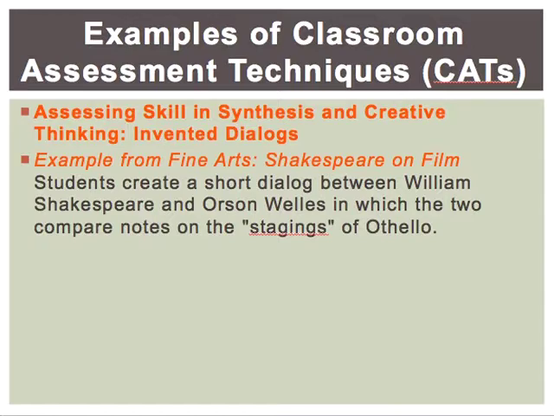Students create a short dialogue between William Shakespeare and Orson Welles, in which the two compare notes on the stagings of Othello. This assessing of skill in creative thinking can be used in other subjects as well.